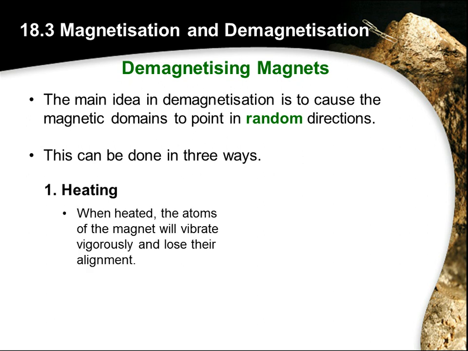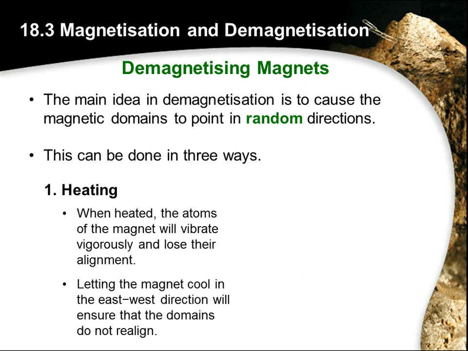Number one, through heating, because when you heat, the atoms vibrate vigorously and they no longer stay aligned to each other. To finish off, you can lie the magnet in the east-west direction instead of the north-south direction, so the domains do not automatically fall back into their north-south direction.